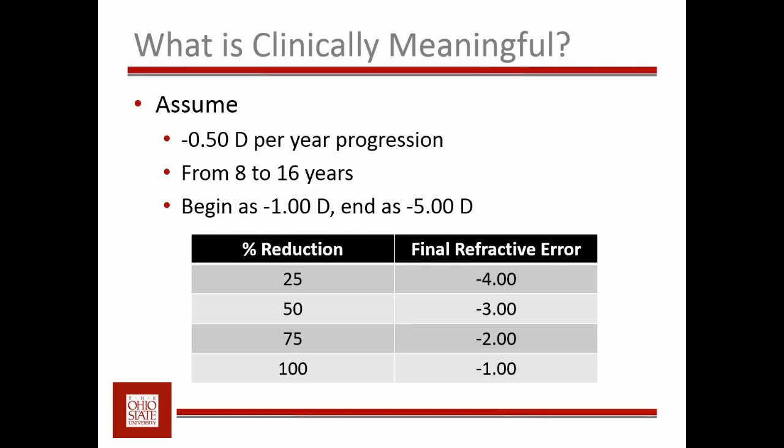Maybe even preventing it is the only way that might be clinically meaningful in some people's minds. But we're going to keep in mind that 50% reduction in myopia progression when we consider what myopia control treatments might be effective for our patients.